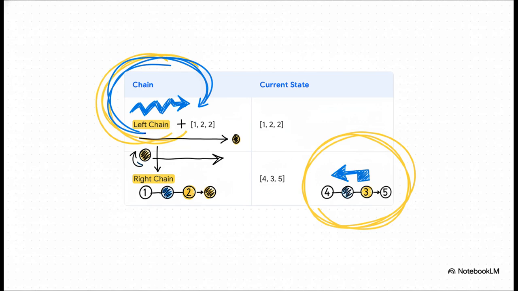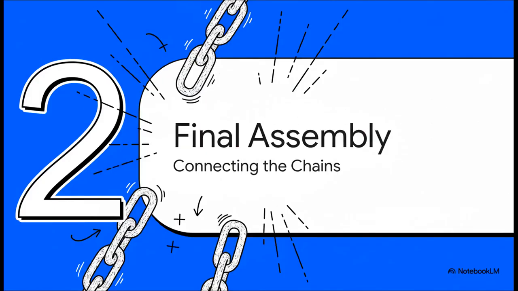This second 2 is also less than 3, so it gets added to the very end of the left chain. This is just a perfect demonstration of preserving that relative order. The first 2 we saw is still ahead of the second 2 we saw, and just like that, our 2 chains are complete.